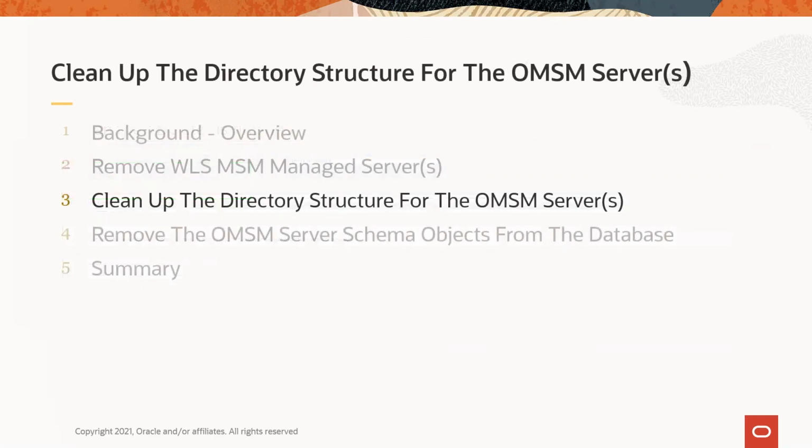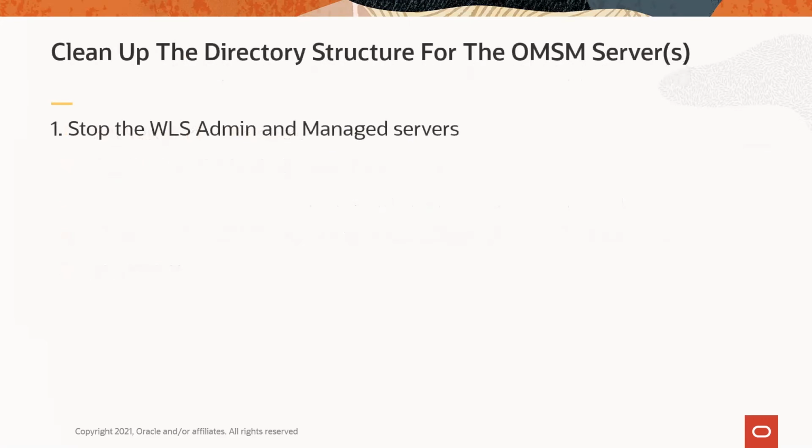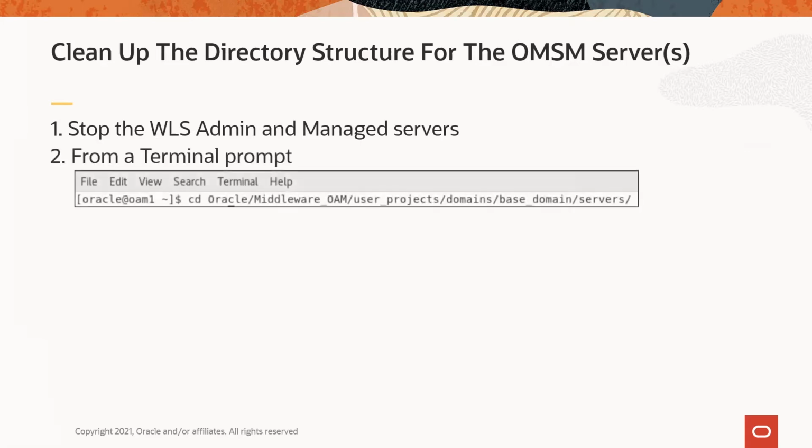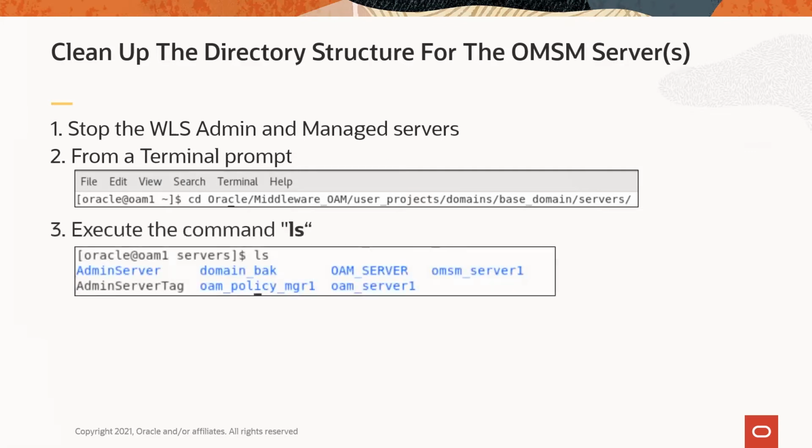Next, we will cover the 6 steps to remove the domain directory structure from the OS file system. Step 1. Stop the WebLogic and admin servers. Step 2. From a terminal prompt, cd to the location of the domain home/servers.